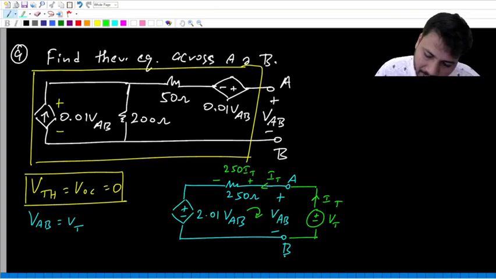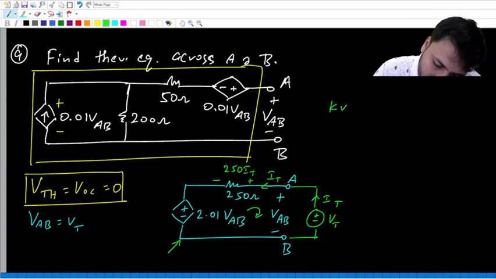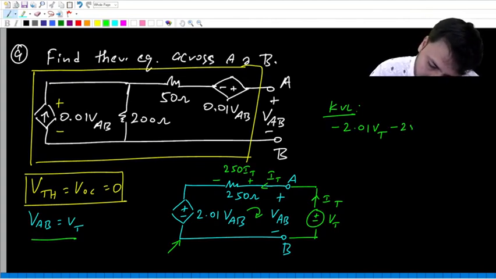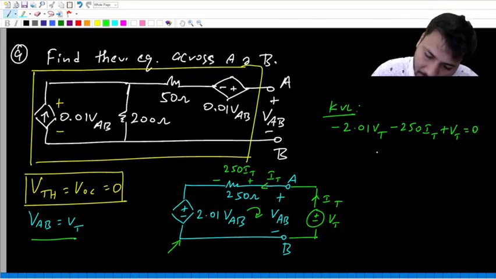Now we can write KVL around this loop starting from this point. So minus 2.01 VAB, but remember VAB is VT, so directly I'll write VT. So minus 2.01 VT minus 250 IT plus VT equal to 0.